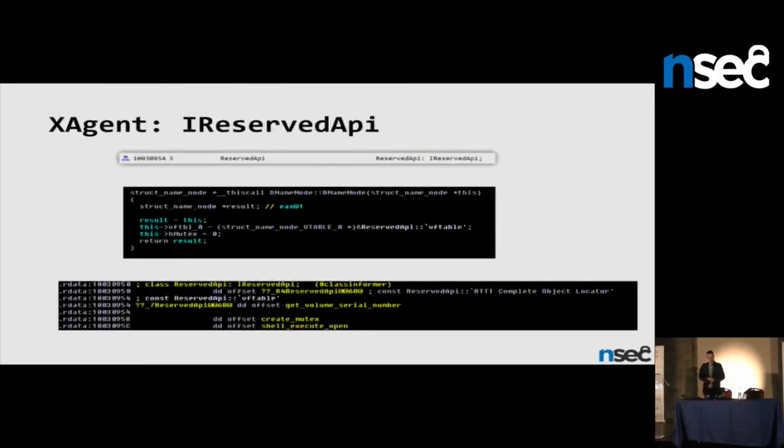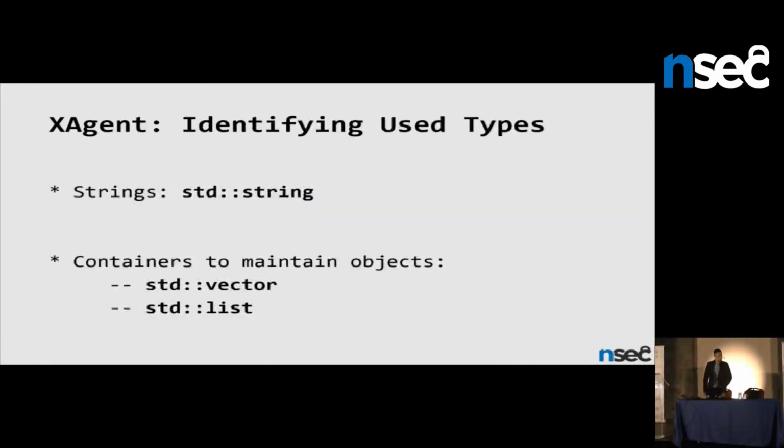And there are some other interesting APIs. We have only listed here the APIs at the bottom of the slide: GetVolumeSerialNumber, CreateMutex, and ShellExecute. We also saw some types, heavily strings and containers, but in this case it was fairly easy to identify that these are standard template library classes.